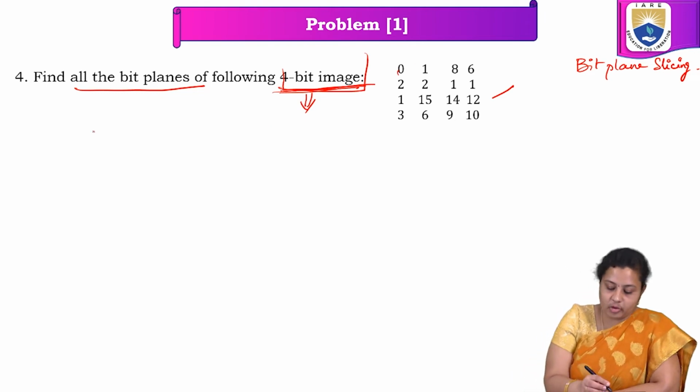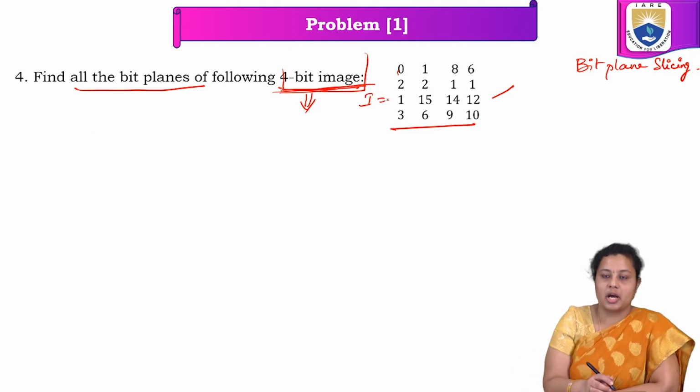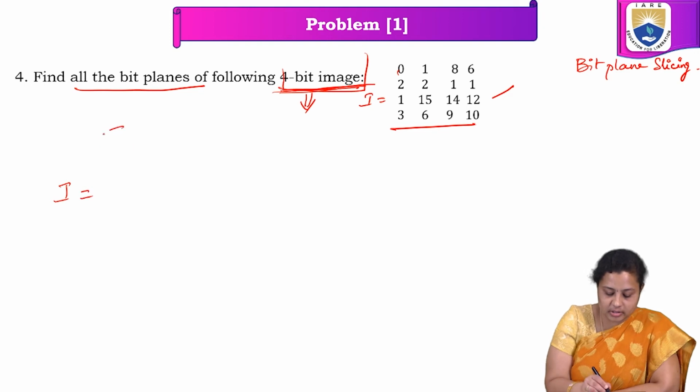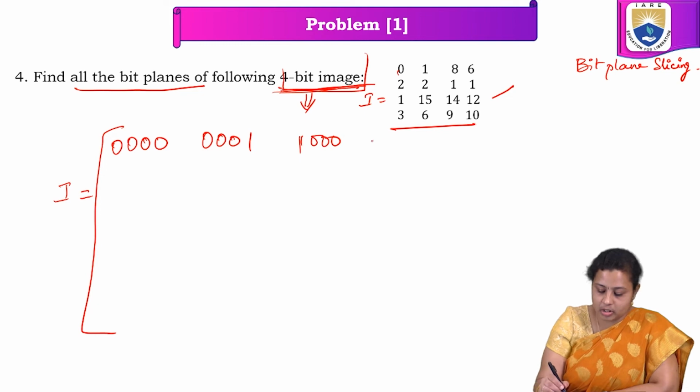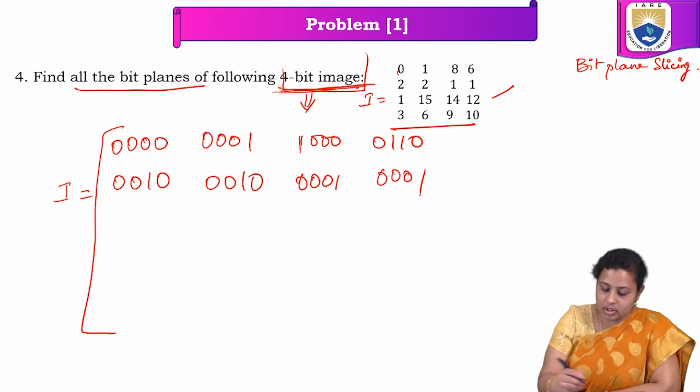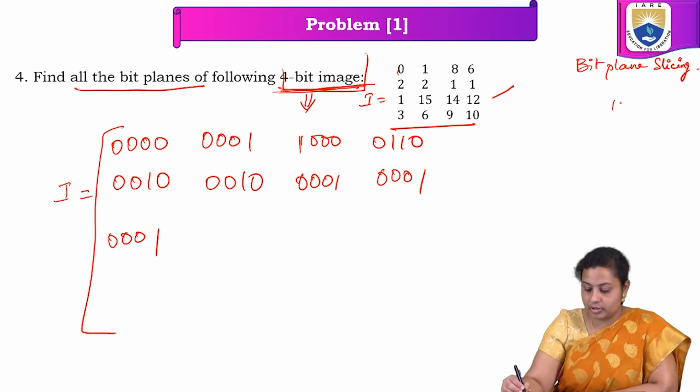So how do we do it? With 4 bits, the same image I can now be represented as 0000, 0001, 1010, 1011, then 0010, 0010, 0001, 0001, then 0001. Then we have 15. How do we represent 15?